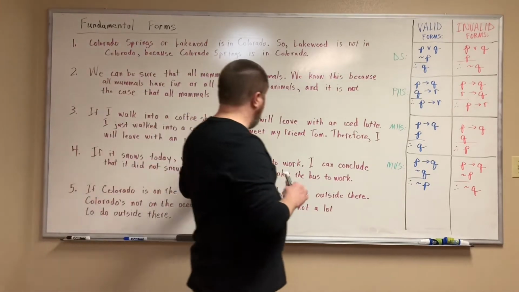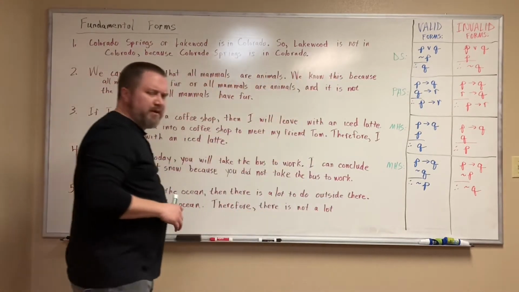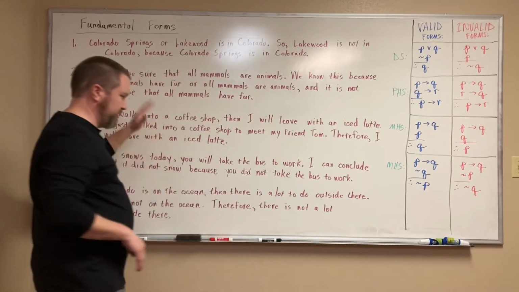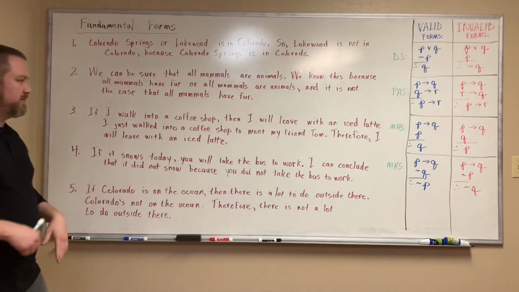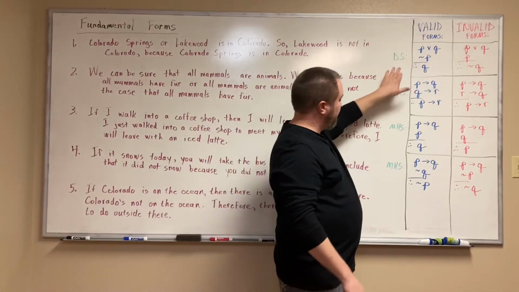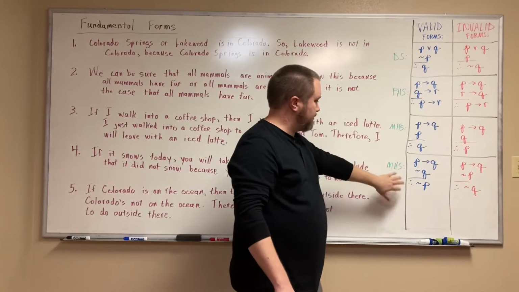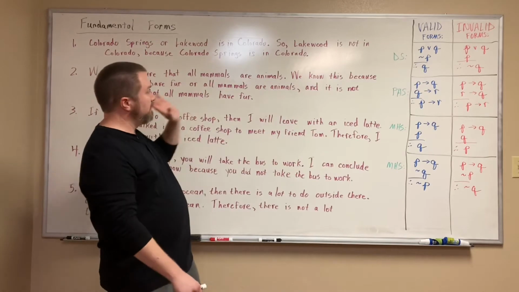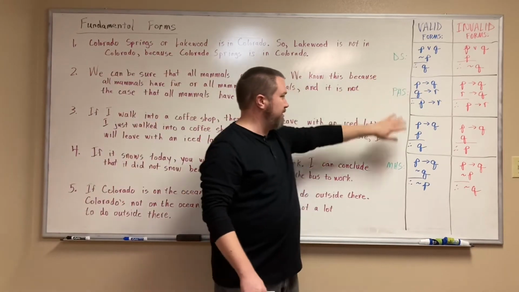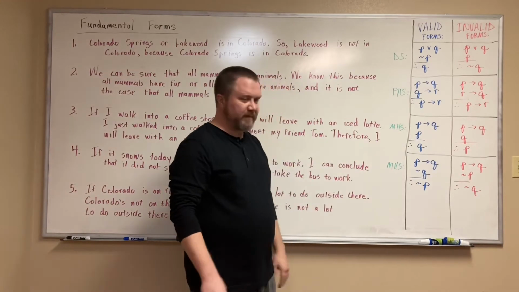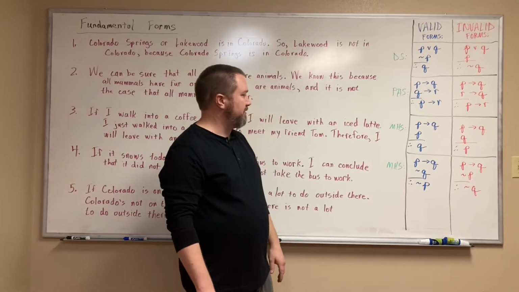The numbering might be a little mixed up. I had 2 different sheets that I handed out, so if you don't see the numbering, it should be the same general arguments on each. But I have a key over here with just a reminder of the valid and invalid forms for disjunctive syllogism, pure hypothetical syllogism, and then both of the types of mixed hypothetical syllogisms.